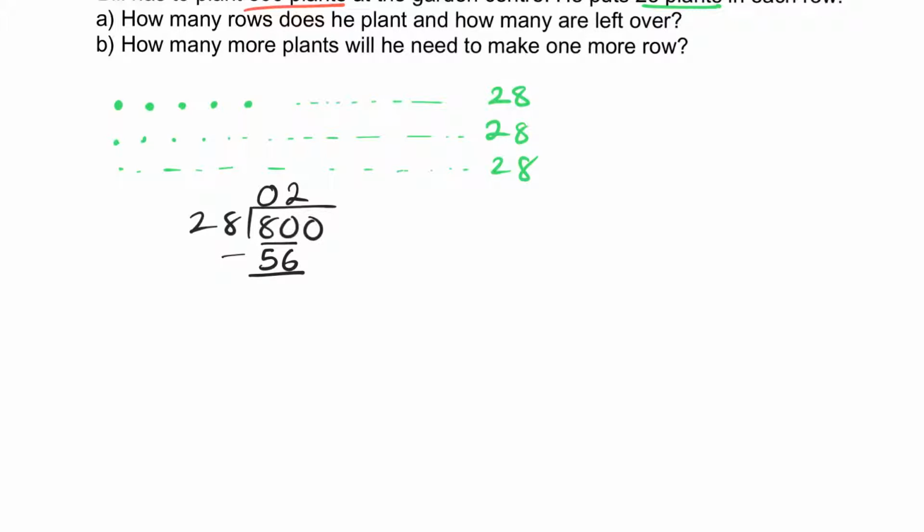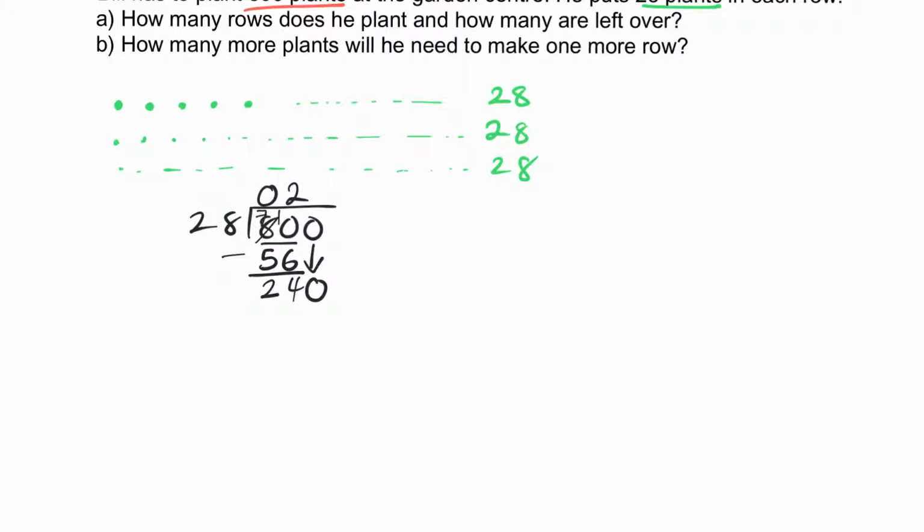The remainder here is 0 take away 6, can't do that, borrow from there, 10 take away 6 is 4, 7 take away 5 is 2, 24. Bring this down here. How many 28s are there in 240? It can't be 10, because 10 times 28 is 280.